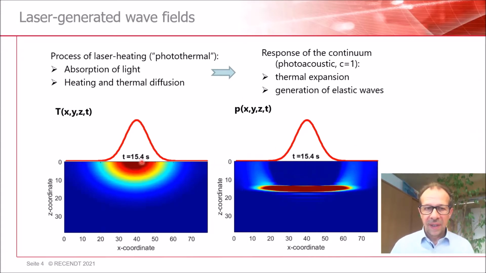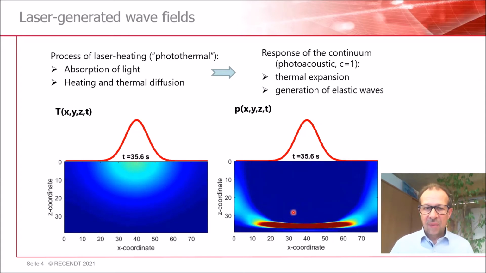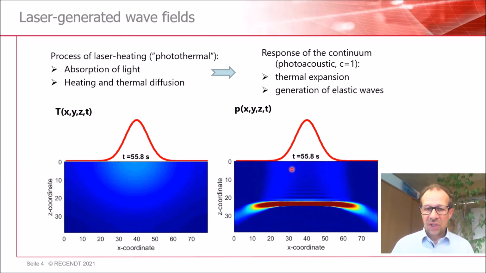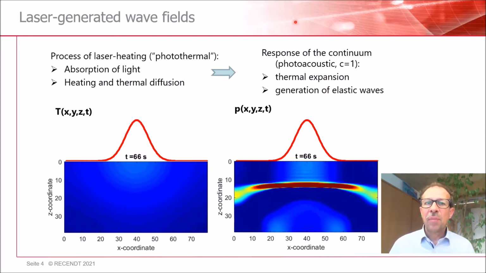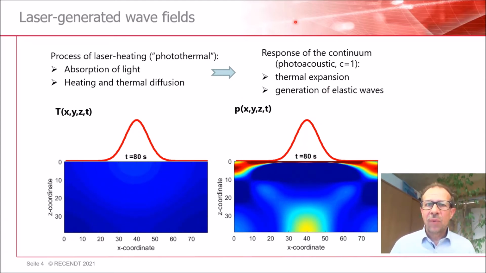You see here the heat diffusion and here the acoustic wave, and both are generated from the same initial temperature distribution. So the temperature field and also the acoustic pressure field come from the same source, the heating of the material by a short laser pulse, and therefore it should be possible to calculate the acoustic wave from the measured heat or the other way around.